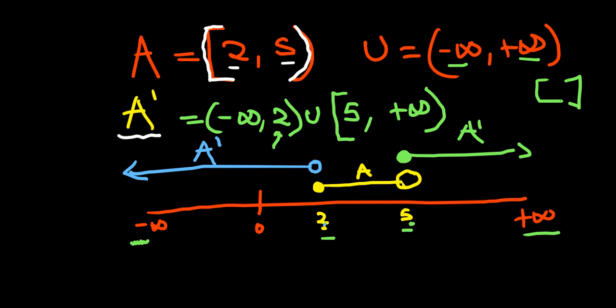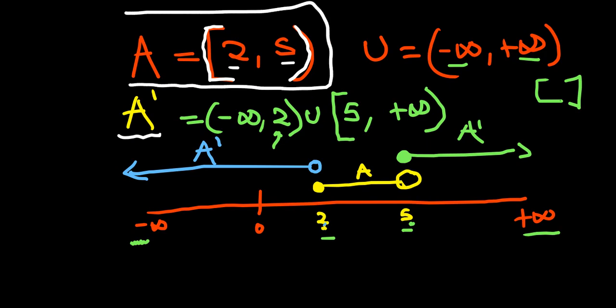We first plot this set A on the number line. It will be a line starting from 2 all the way up to 5. Since we have a square bracket here, 2 is included, so we put a shaded circle. And since we have a curved bracket here, we put an open circle on 5.